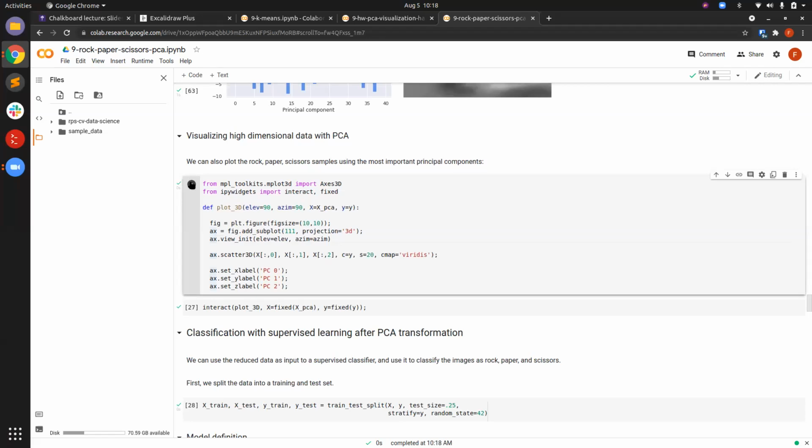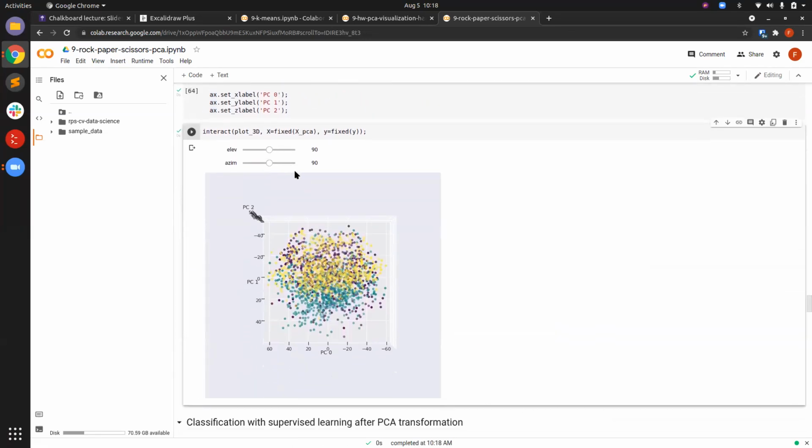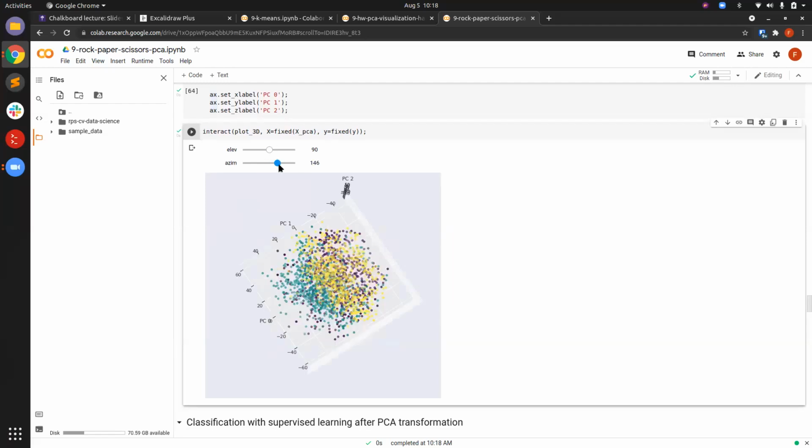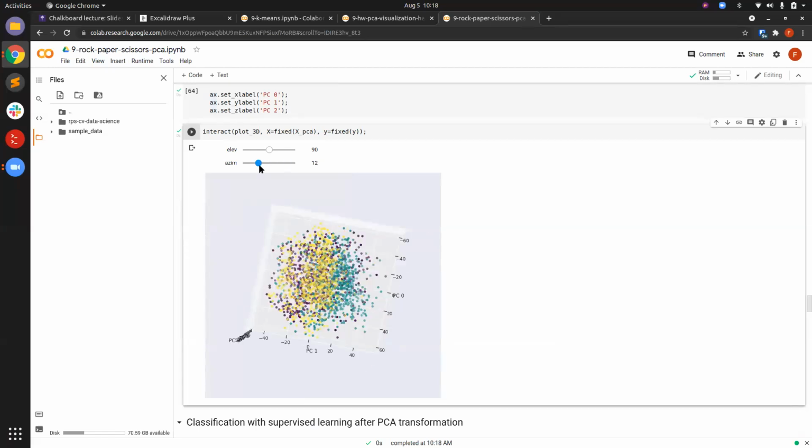Just as with the digits, we can use this to visualize the data. It's a little more difficult to see just because these principal components don't necessarily encode differences between classes. Some of what they encode is differences between samples of the same class.